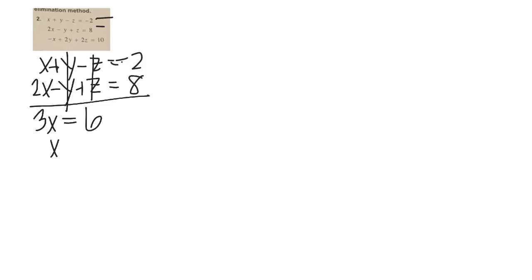So x equals 2. Well, that nicely gives me another one of my answers. So we have a couple options here. We could plug 2 in for x in my equations, then I have y and z.